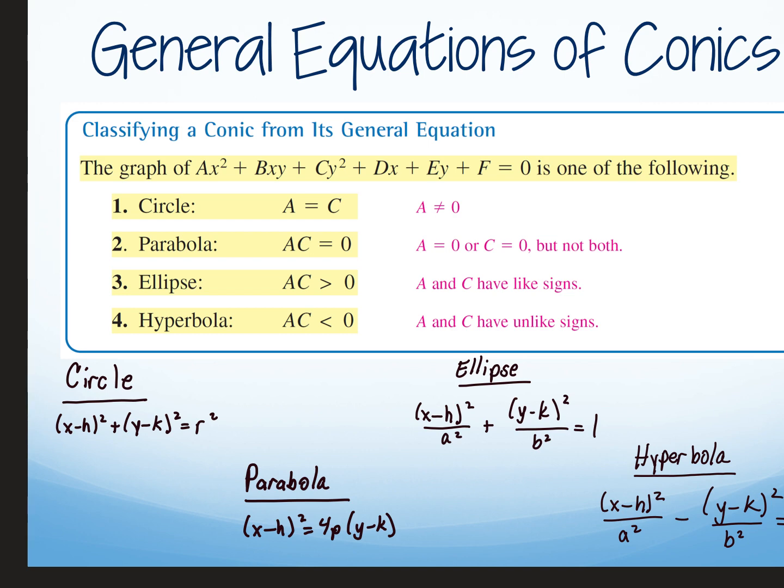This is saying, in an equation, and you'll see in a second, if your A value and your C value are the same and A is not 0, it's a circle. If your A times C is 0, then it's a parabola. If AC is greater than 0, then it's an ellipse. If it's less than 0, it's a hyperbola. But there's other ways you can do that. If you don't memorize that, that's totally fine.